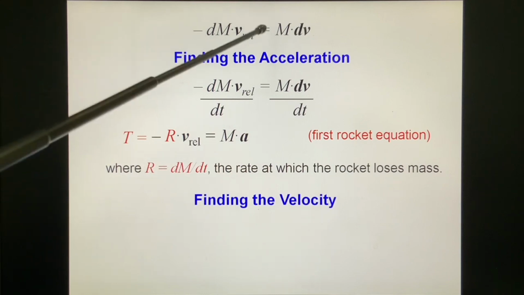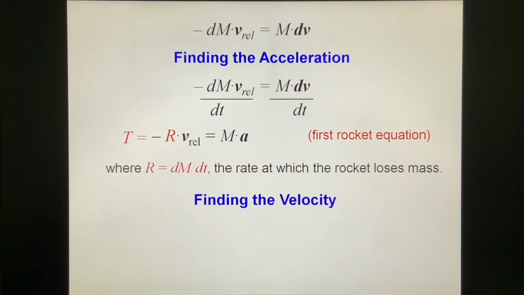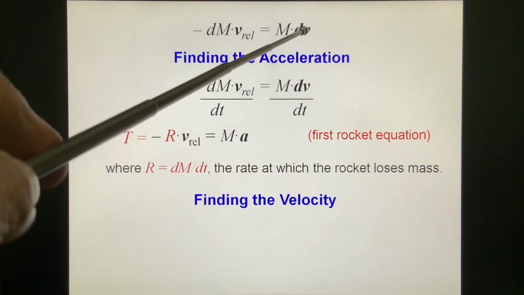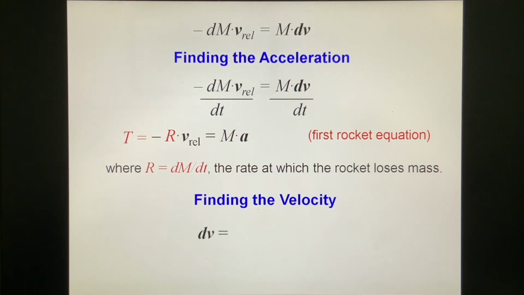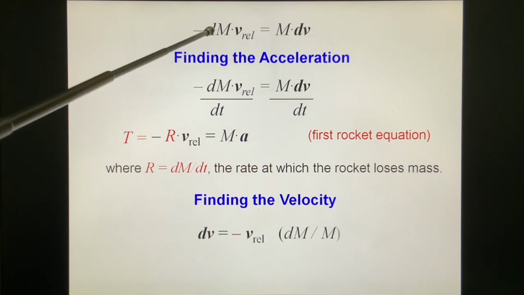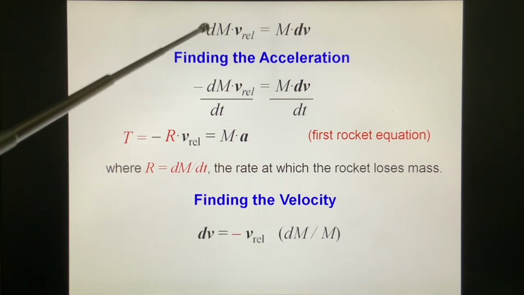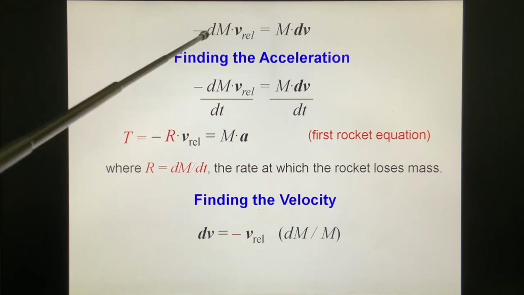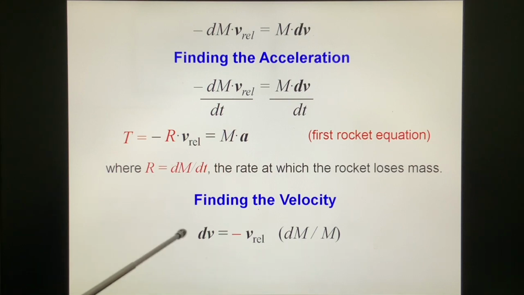And then from this equation, we can find the velocity of the rocket. This is dv, the change of the velocity of the rocket. So we do the integration. We move the m over there. So we get dv equal to minus v relative dm over m. We do the integration on this side of dv, and this side of m.